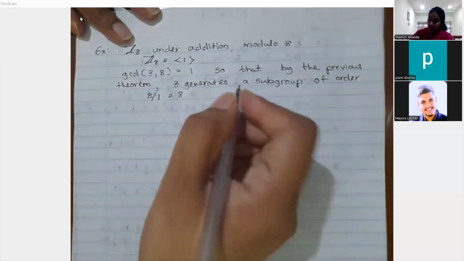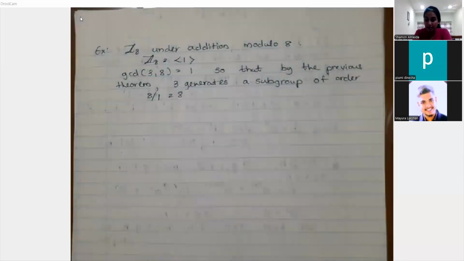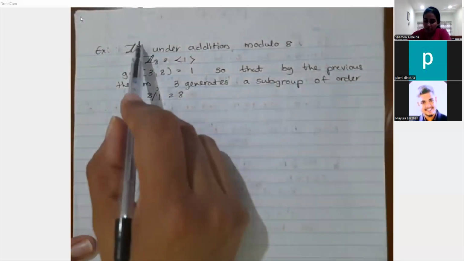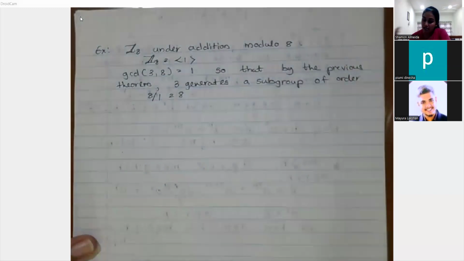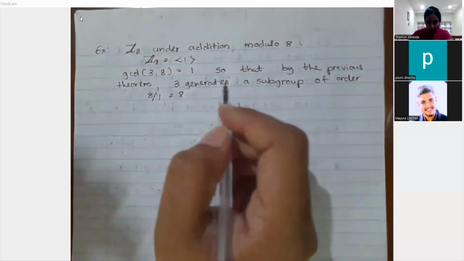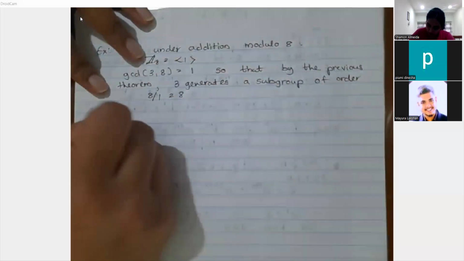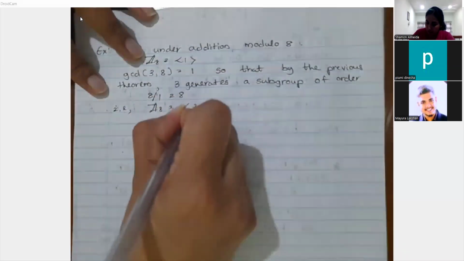So 8. A subgroup of order 8, in other words, a subgroup containing 8 elements. It must be Z8, right? Because this group contains 8 elements and 3 generates a subgroup of it containing 8 elements. So it has to be generating the group itself. So we understand 3 generates this group.